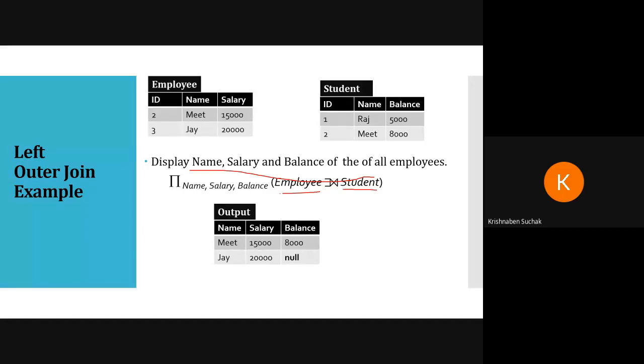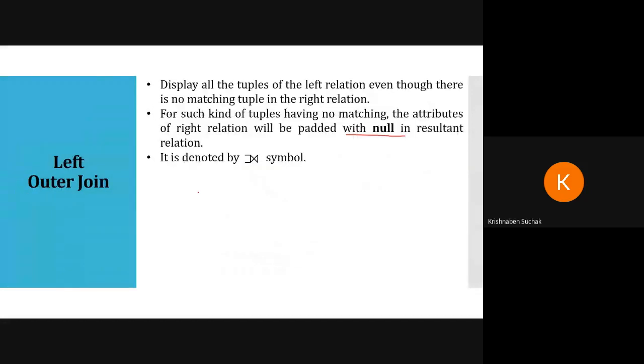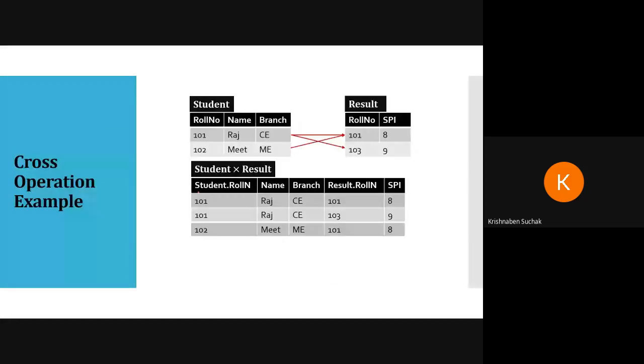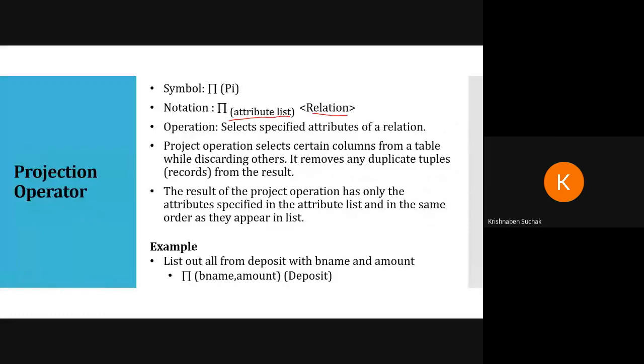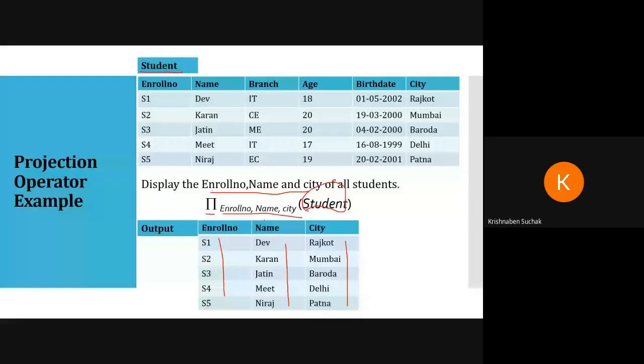Whenever I want to display something, we have to use the projection operation, right? We already saw that whenever we want to display something, we use projection. Like here we used enrollment number, name and city, to display these three things of the student.